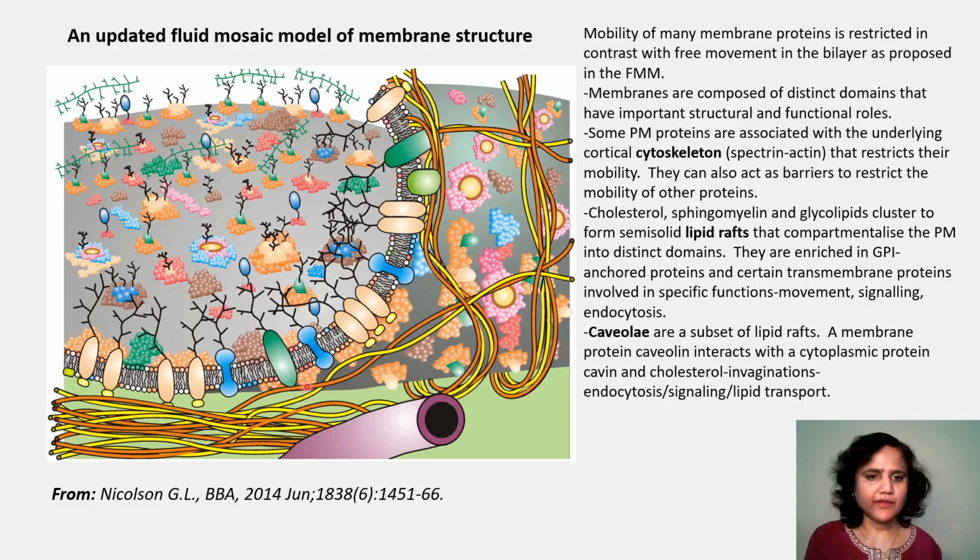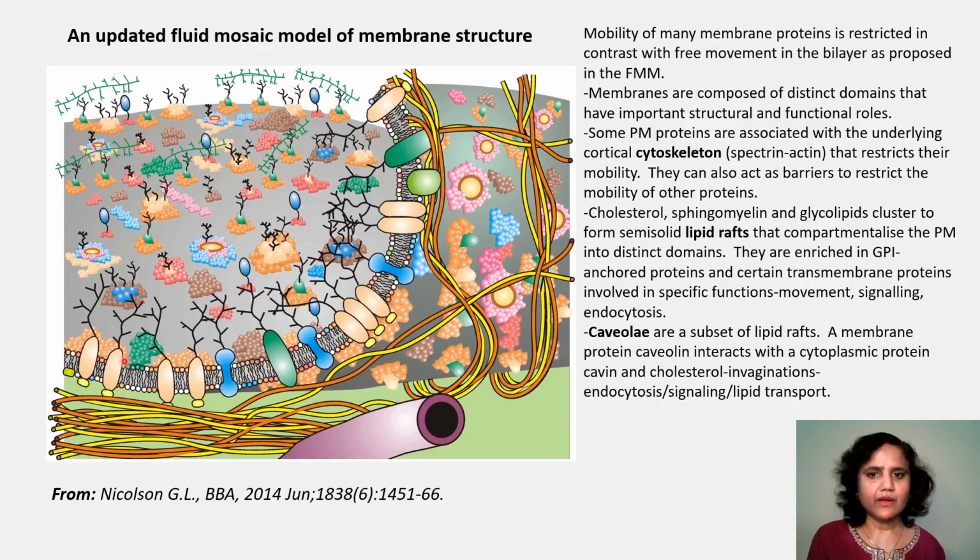And these cytoskeletal elements in the cortex are often referred to as cortical fences. And this association actually restricts their mobility, and therefore they cannot move around freely, and they also act as barriers to restrict the mobility of other proteins.